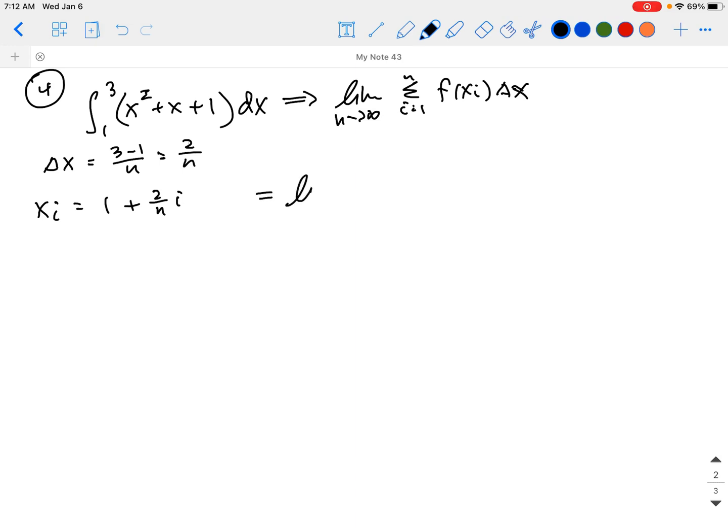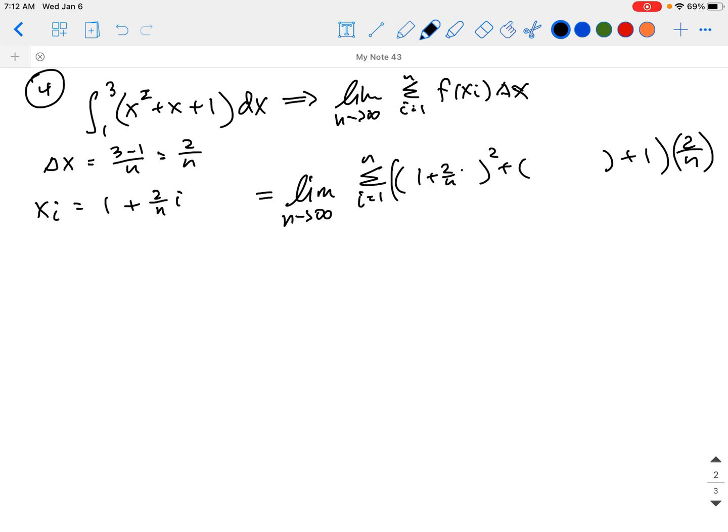So we're going to get the limit as n goes to infinity of the sum from i equals 1 to n. Note my function is x squared plus x plus 1 times delta x, which is 2 over n. And then those x's are just going to become 1 plus 2i over n. And there's our limit of our Riemann sum.